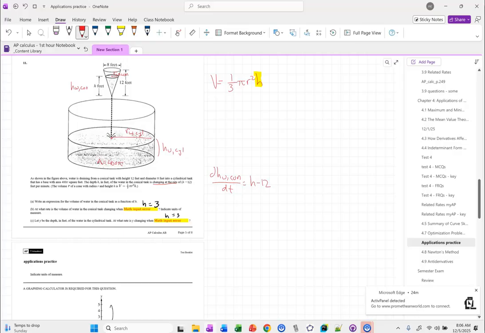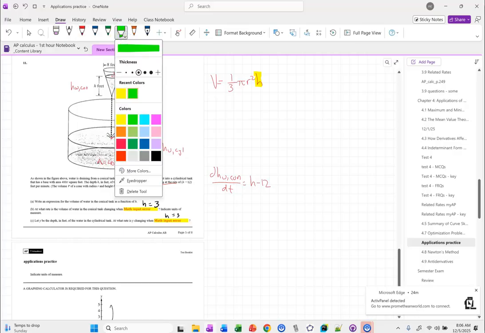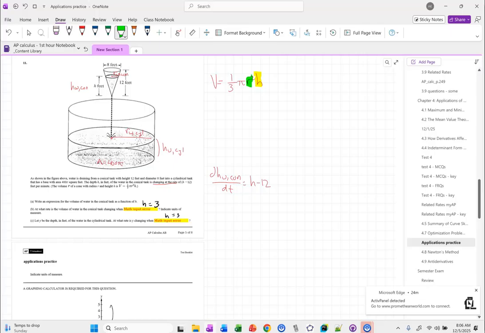What we need to do is get rid of the r squared in it. So we just need to eliminate the variable r. If your figure is a cone, what trick did we use to do this? Because we've done other related rates problems involving cones before, right? Where we've had to eliminate a variable.